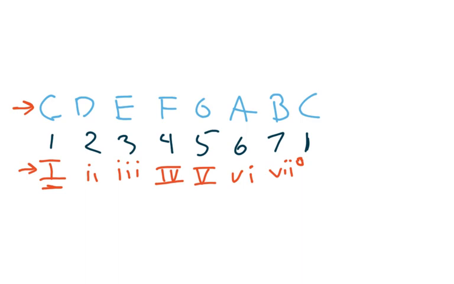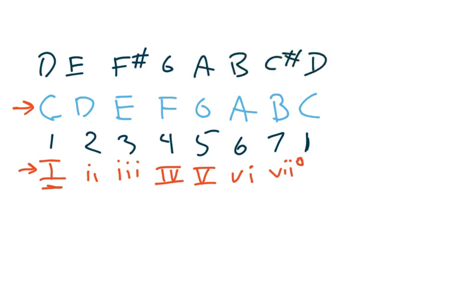If we went to a new key, for example, if we went to D major, just because it's the next one, it would be D, E, F sharp, G, A, B, C sharp, D. So even though our note names have changed, the 1 chord still sounds the same.